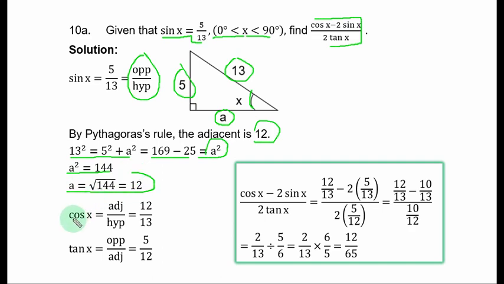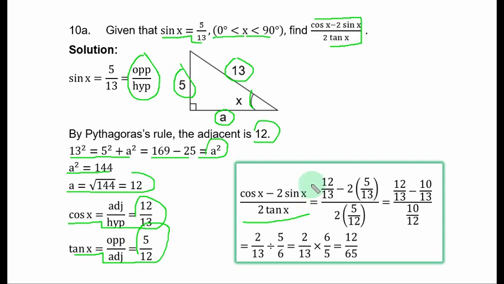So therefore, cos S, that is adjacent over hypotenuse, is now 12 over 13. Tan S, that is opposite over adjacent, is now 5 over 12. We can now evaluate this.